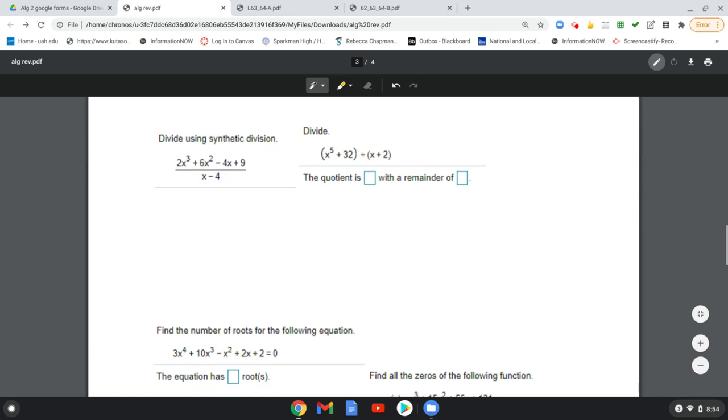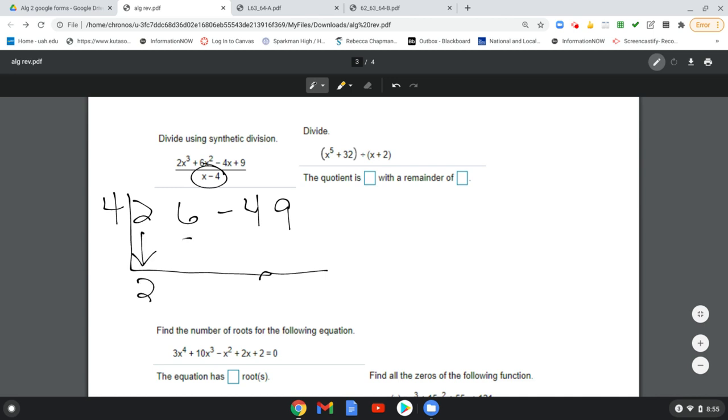So synthetic division a couple more times. So here we're going to divide by +4. I'm not missing any terms, so I am going to write down all of my coefficients. Bring the first one down, and then you multiply. You add, and then you multiply. I'm sorry, that should be 56.